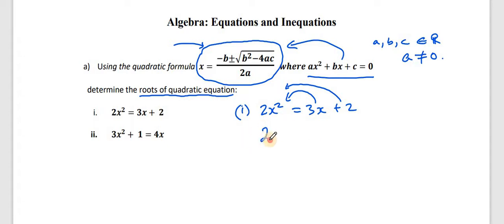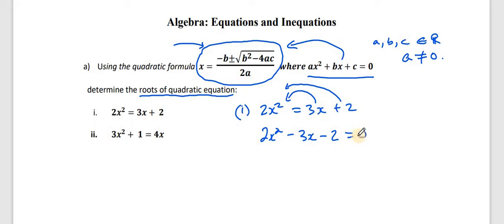So we write the 2x squared that we have there. The 3x will be transposed from the right hand side of the equal sign to the left hand side. Because it's a positive 3x, it will become a negative 3x. The plus 2 from the right hand side will be transposed to the left hand side, and we'll have a minus 2. And so all we have on the right hand side is 0.